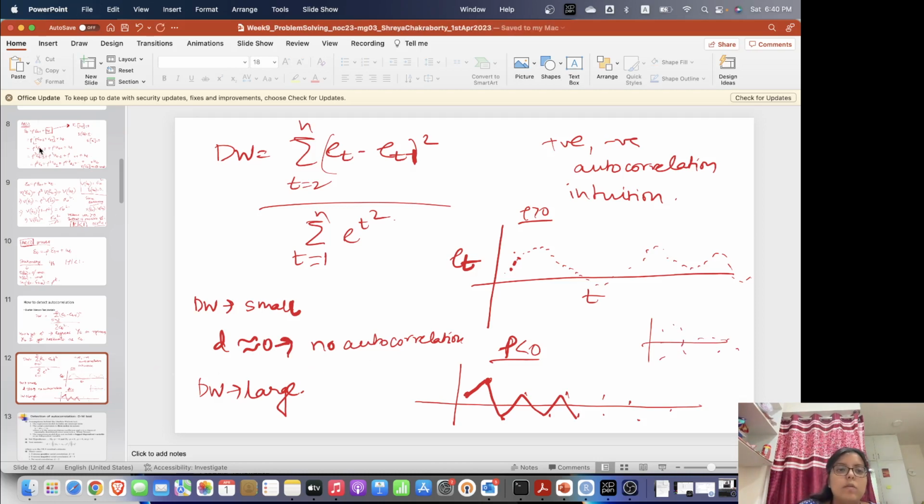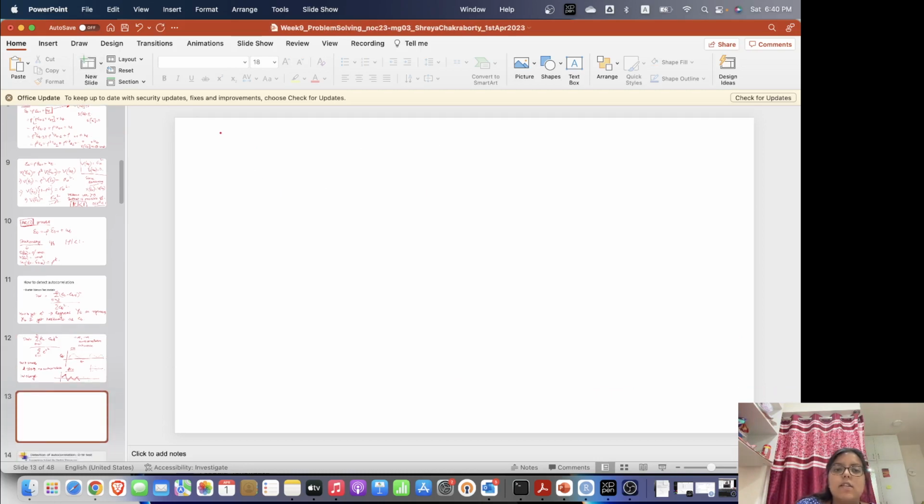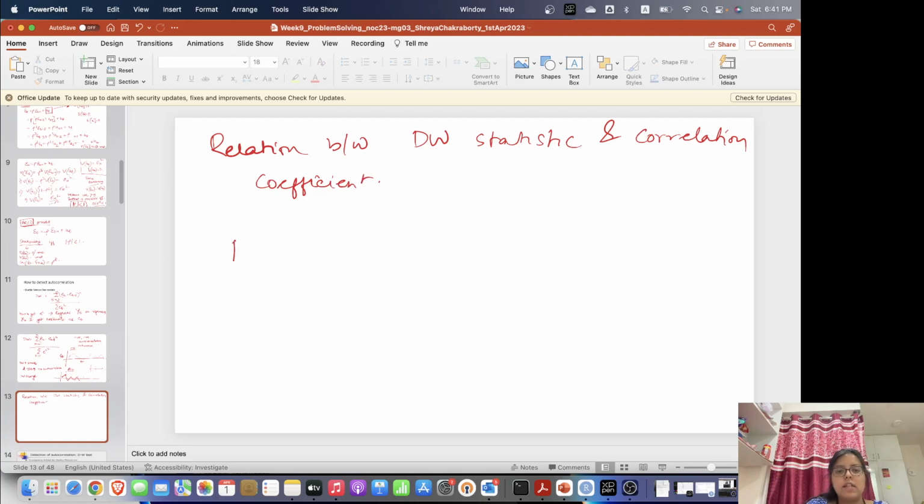Now also this was discussed that there is a relation between the Durbin-Watson statistic and the correlation coefficient, and the relation is d equals twice (1 minus r).